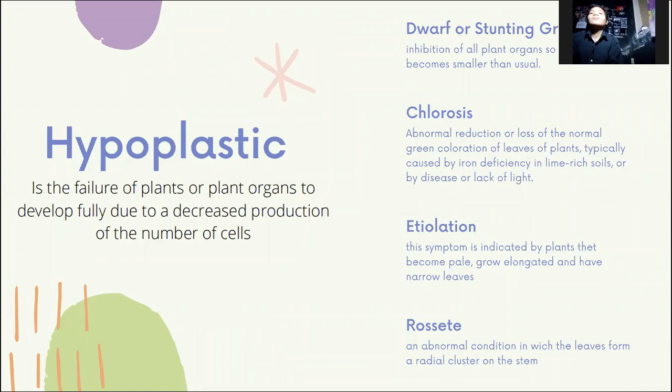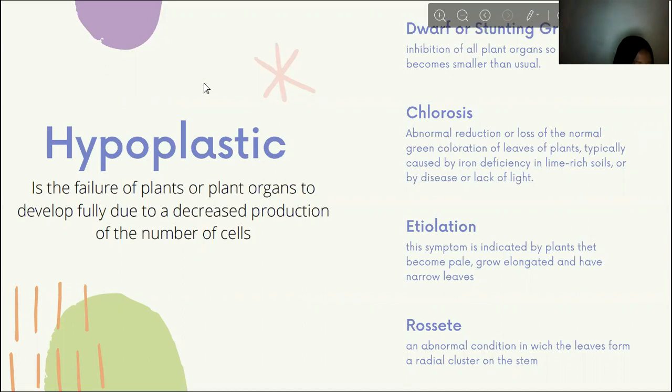These symptoms are divided into dwarf or stunting growth, inhibition of all plant organs so that their size becomes smaller than usual; chlorosis, abnormal reduction or loss of the normal green coloration of plants, typically caused by iron deficiency in lime-rich soils or by disease or lack of light; etiolation, indicated by plants that become pale, grow elongated, and have narrow leaves; and rosette, an abnormal condition in which the leaves form a radial cluster on the stem.